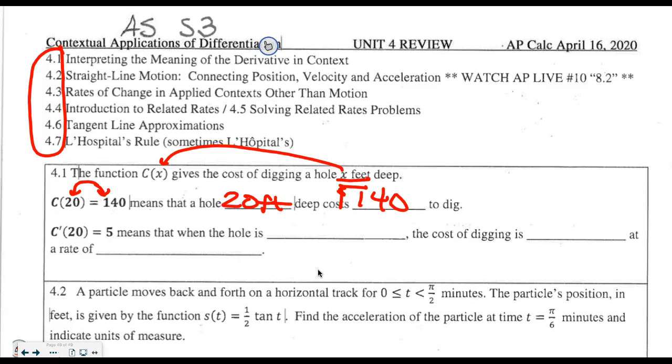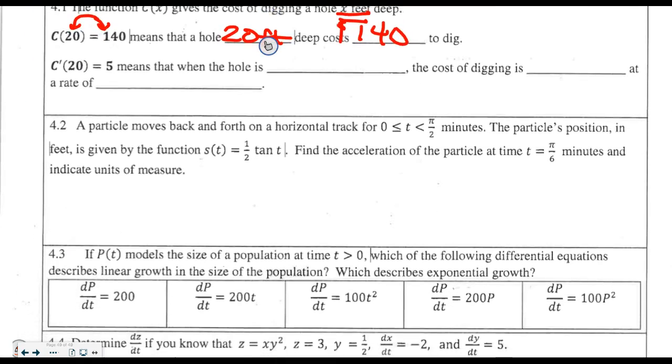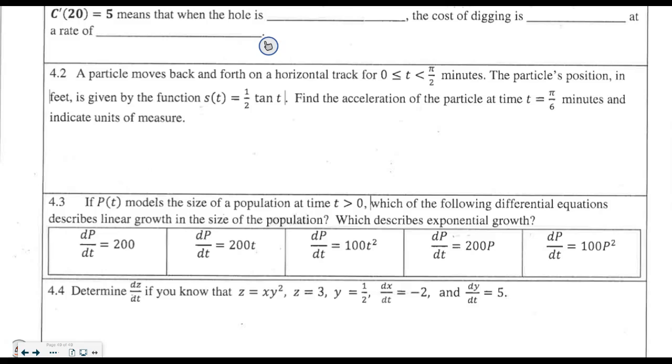Increasing. What word could you use for full credit? Changing. Which one's probably safer? Changing, but I like increasing better. Awesome. At a rate of, thank you for the units, 5 feet per dollar. Yeah. Or dollar per foot. Sorry. All right. Yes, changing y over changing x, and y is the money. All right, that's it for that one.